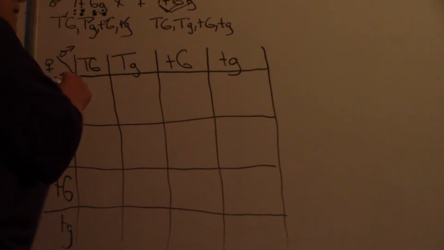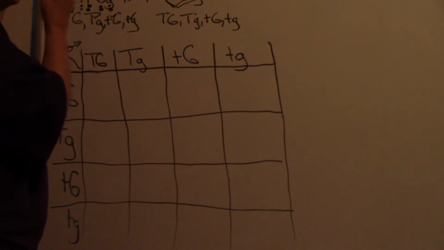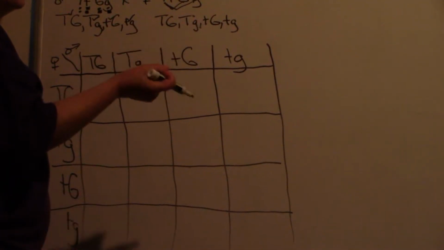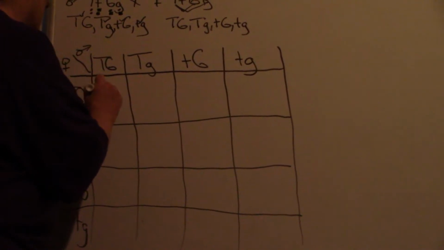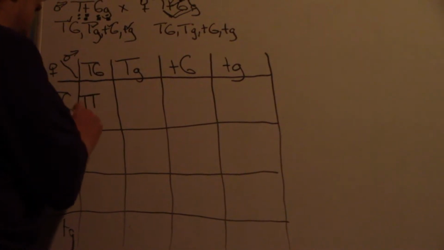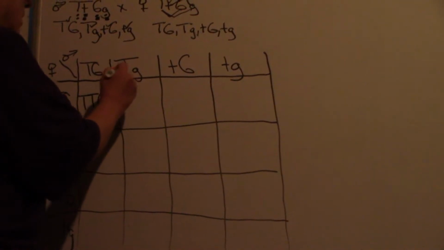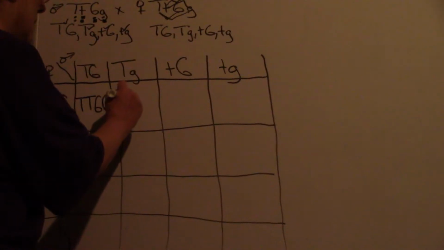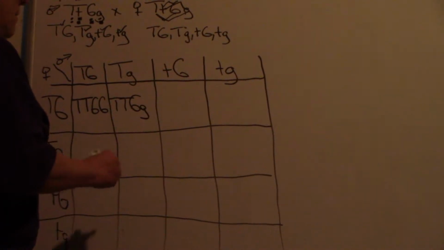So when we combine these, we're going to have 4 letters in here because we're representing 2 traits. They're dihybrids, so we need 2 of each letter. So, keep the letters together. Big T, big T, big G, big G. Okay? Let's look at this one. Big T, big T, big G, little g.